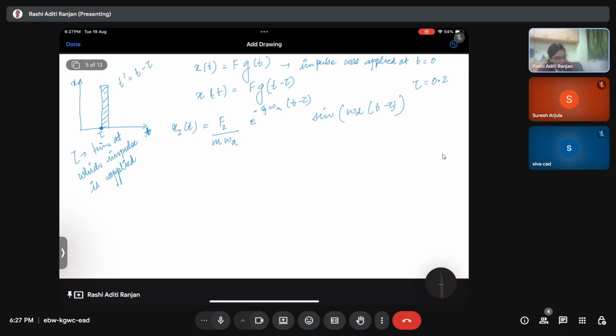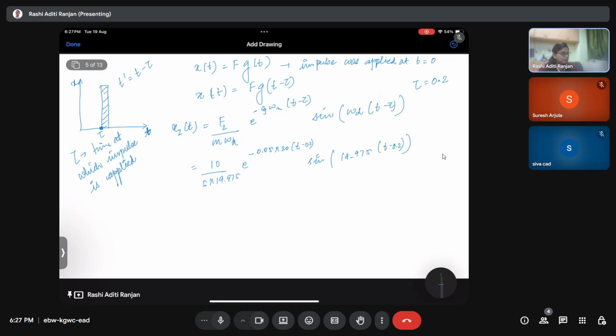Okay, so then this can be written as f2 is 10 by 5 into 19.975 e to the power minus 0.05 into 20 into t minus tau, sine of 19.975 t minus tau. Okay, we should put the value of tau over here and here as well, 0.2, right?